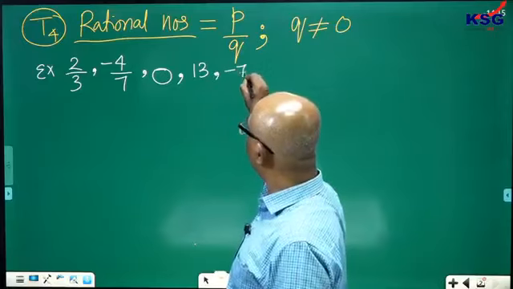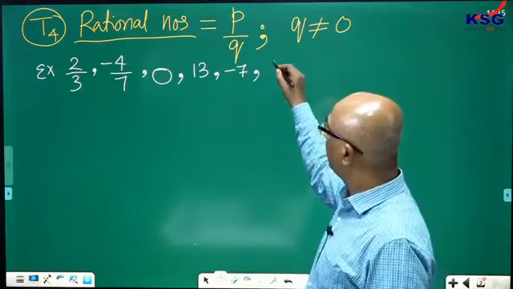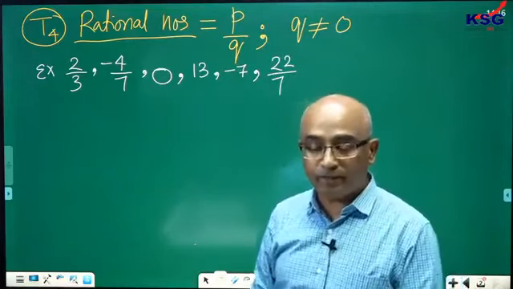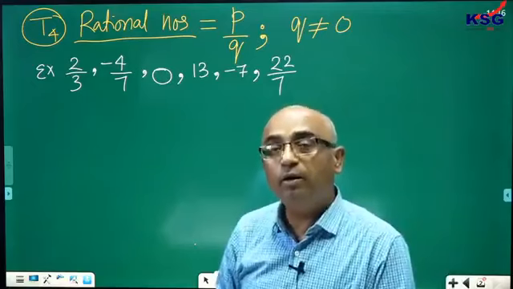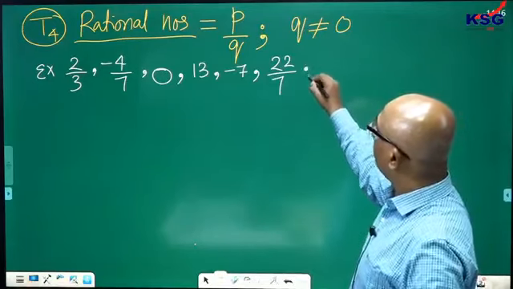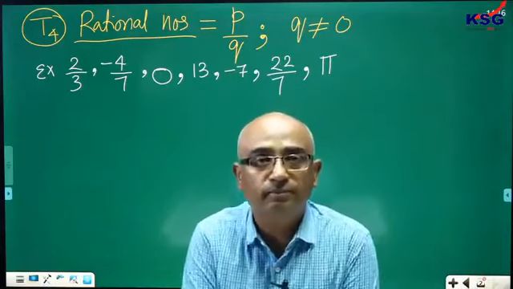Minus 7 can be written as minus 7 by 1, so a rational number. Students, 22 by 7 is already in the form of p by q, therefore a rational number. Now can you guess whether pi is rational or not?